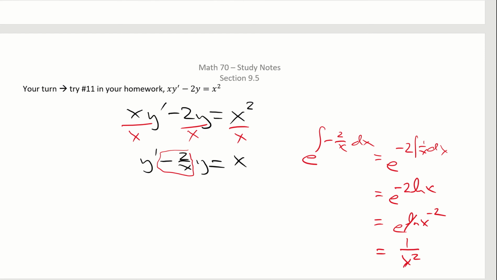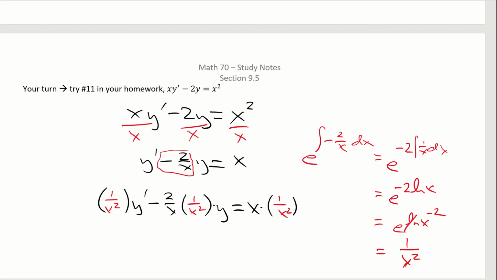Okay, so we're going to multiply through with 1 over x squared. With y prime, I'll do it this way. Minus 2 over x times this guy times y, and equals x times this guy again, which is 1 over x squared.